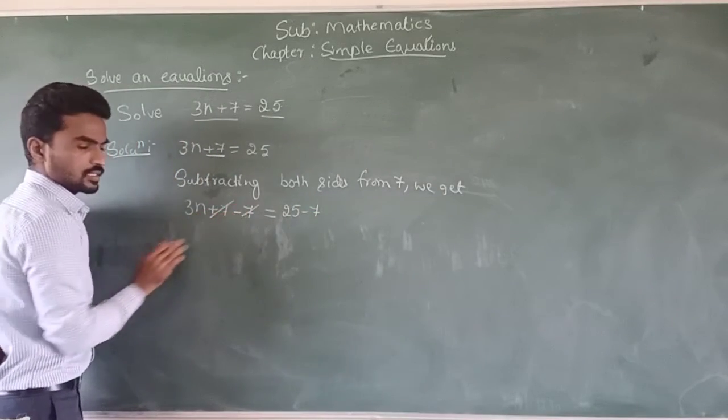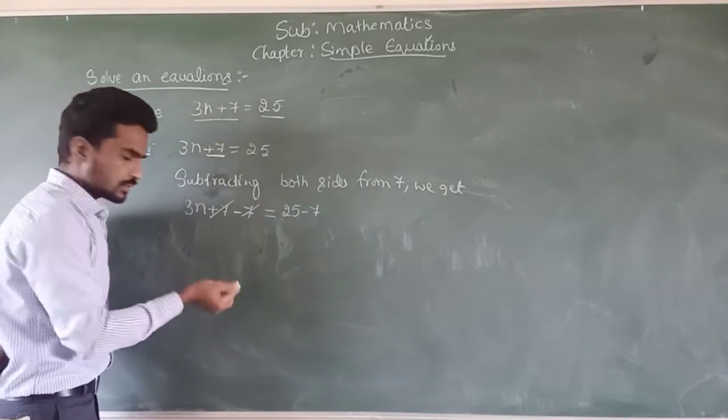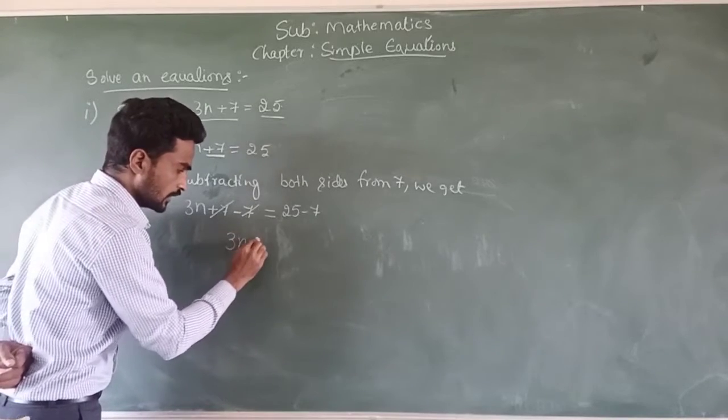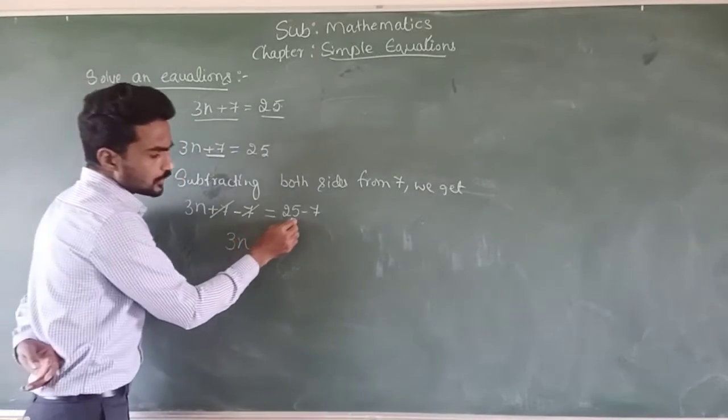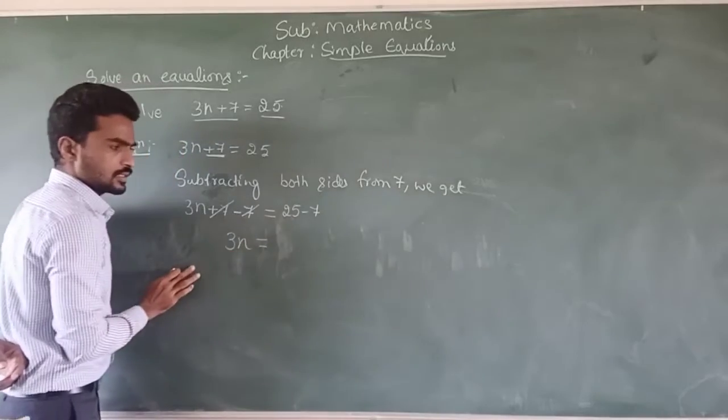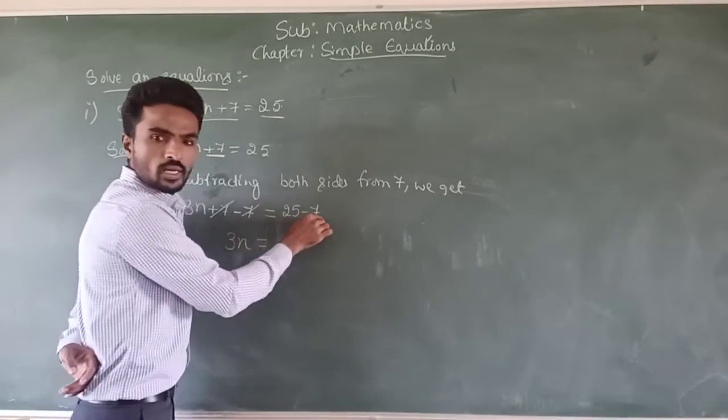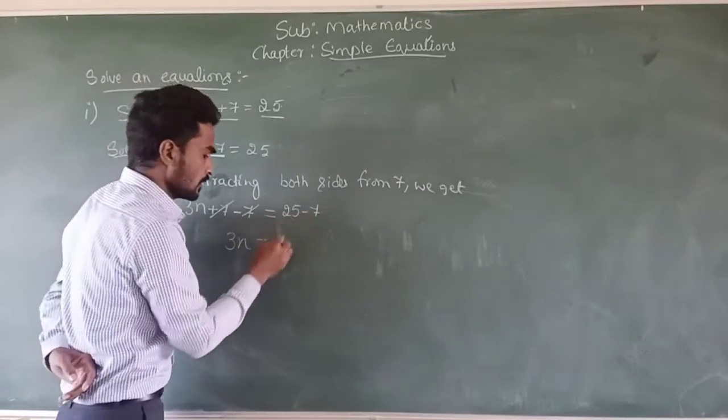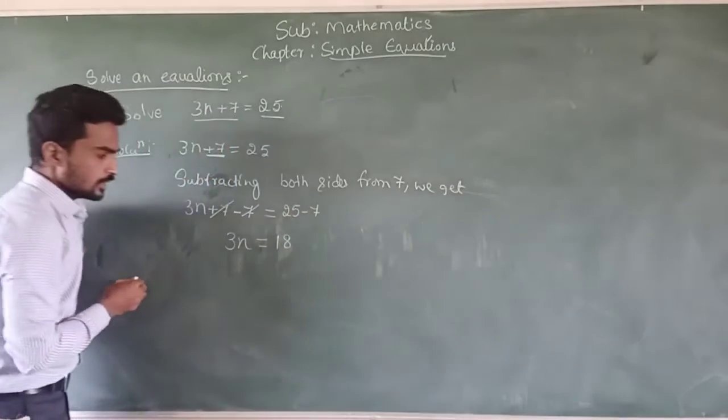Now plus 7 minus 7 cancel out. The remaining term is 3n, which is equal to 25 minus 7, that is 18.